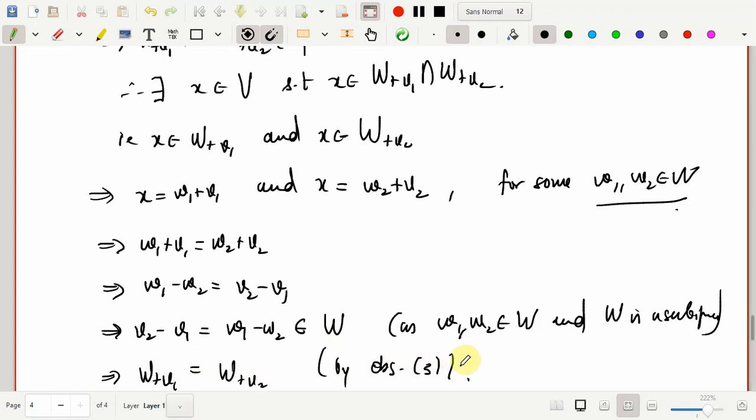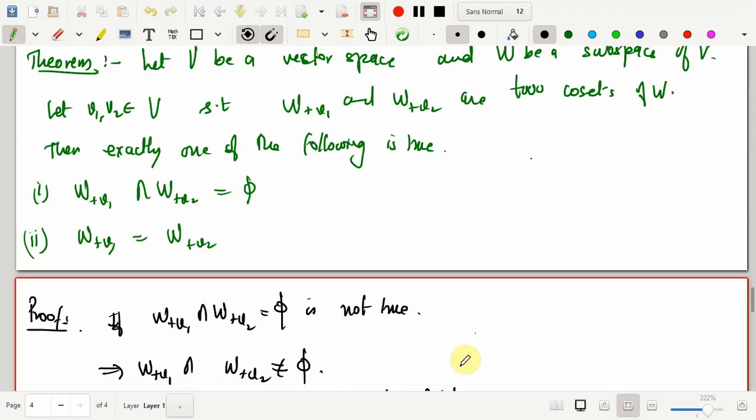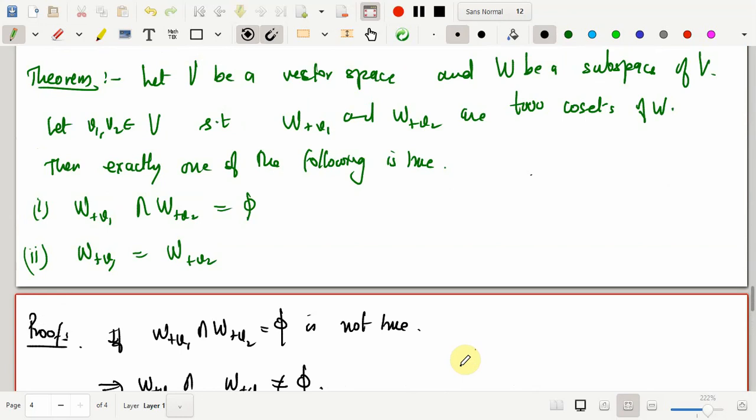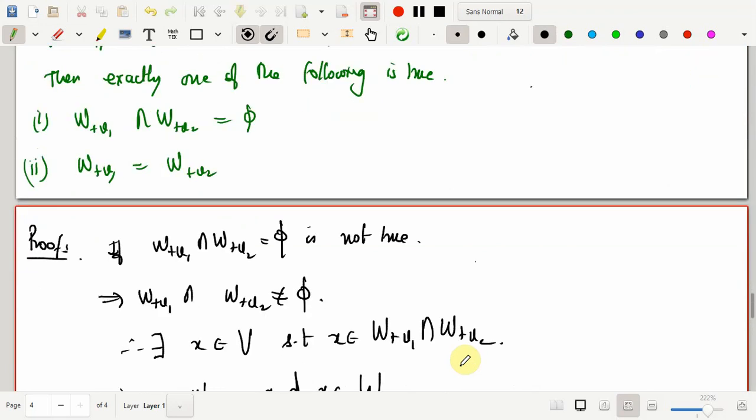Okay, so with this I have proved this property. So this property says that either W plus V1 intersection W plus V2 is empty, or if this is not true, then W plus V1 is the same as W plus V2.